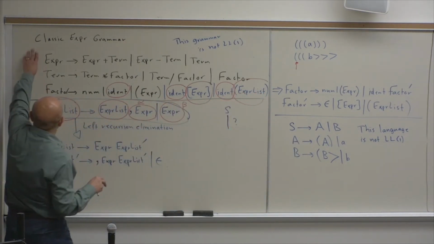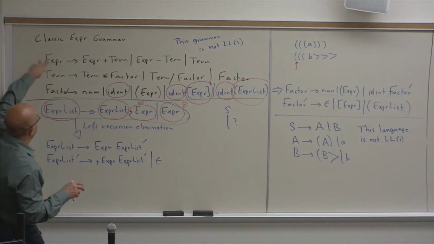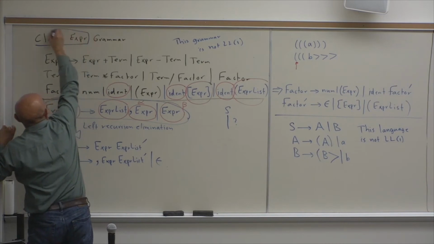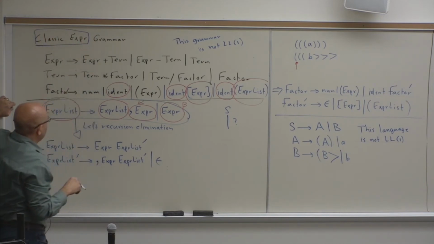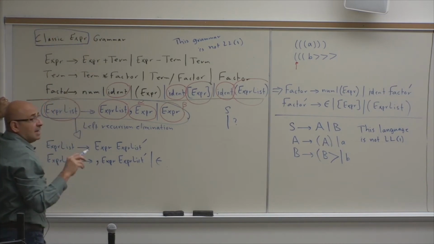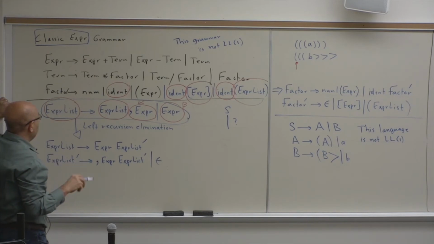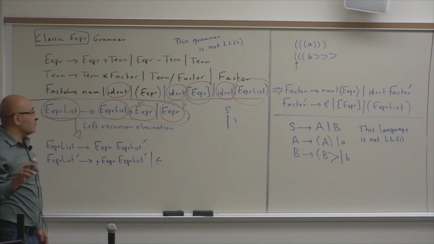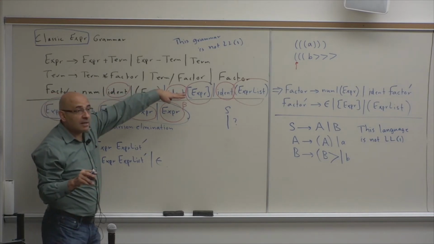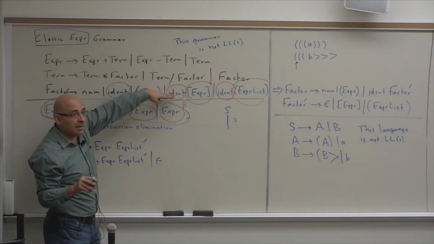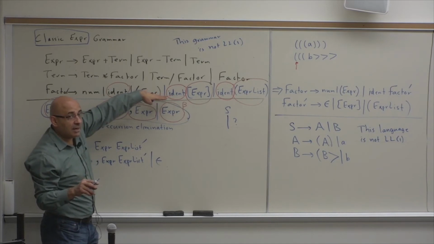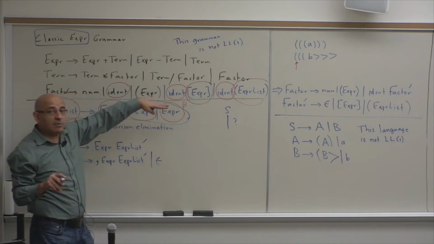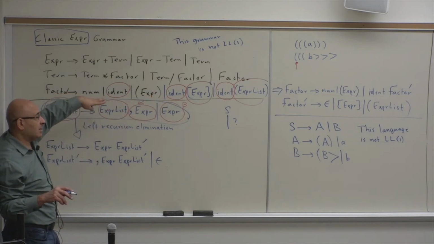The language as defined by the classic expression grammar is an LL1 language, but clearly there are non-LL1 grammars for it, and this is one of them. This grammar is a non-LL1 grammar for an LL1 language, but we managed to convert it into an LL1 grammar because the language is LL1.